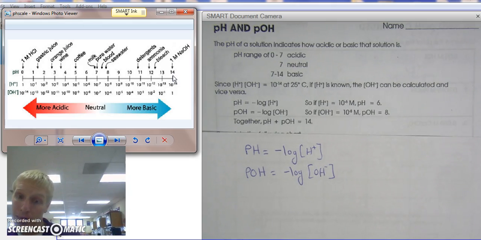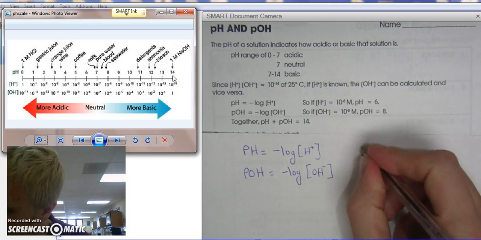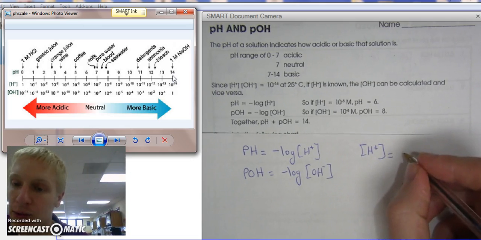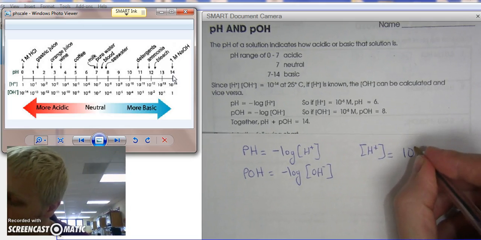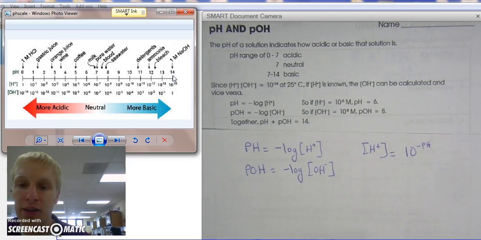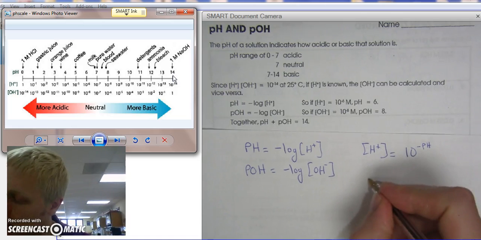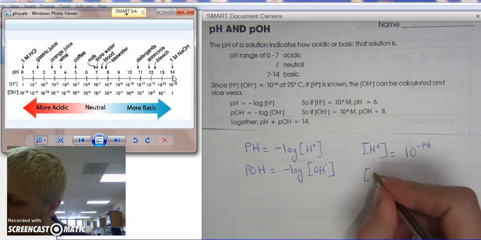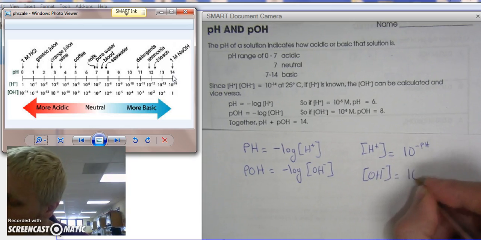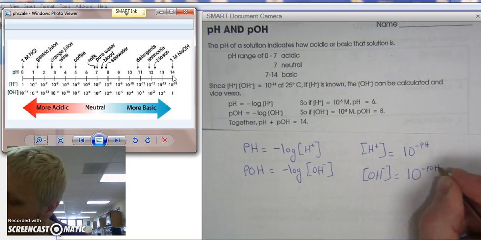If we want to flip that, like let's say we want to find the H plus concentration, you're going to have to do 10 to the negative pH. Basically the inverse log gives you the H plus concentration. And if you want to find the OH minus concentration, you have to do 10 to the negative pOH.